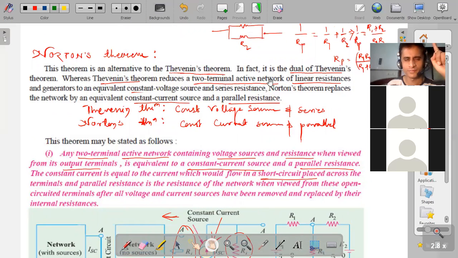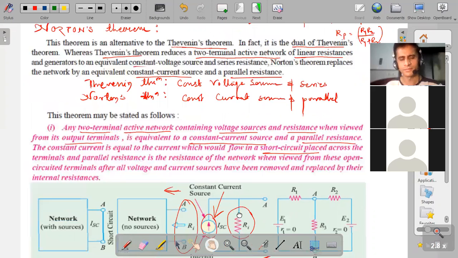Thevenin theorem reduces a two-terminal active network of linear resistance and generates constant voltage source and series resistance, whereas Norton theorem replaces your network by equivalent constant current source and parallel resistance. This is about the Norton theorem, and this is the diagram. Okay, dear student?